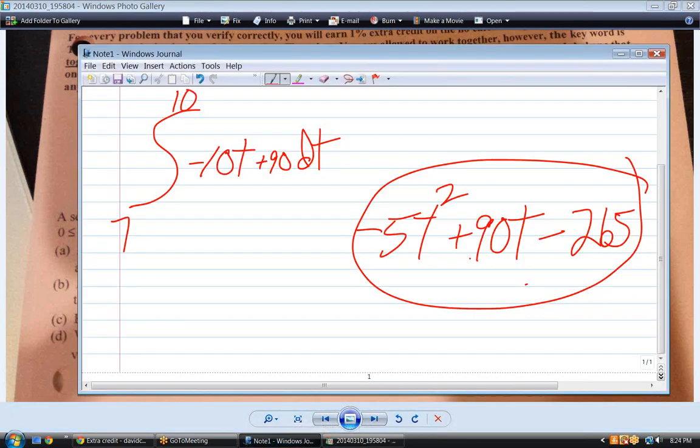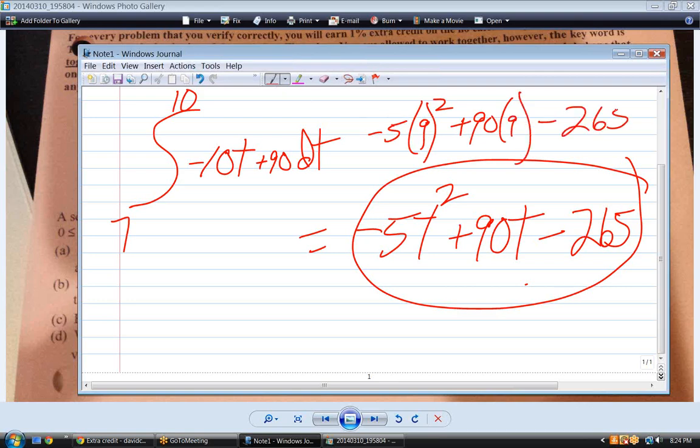So let's plug in 9 seconds and see if this thing equals 140. I think it does, because I used the 140 to come up with this.